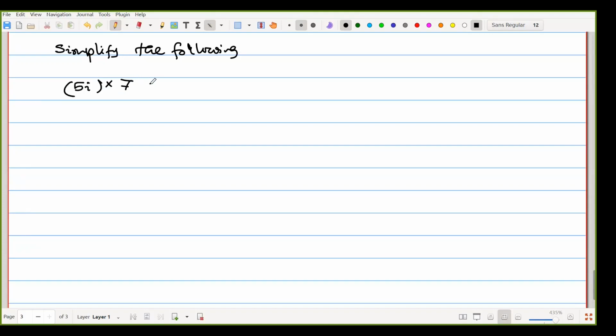Very easy, no problem. We can just write 5i as 5 into i into 7, or 5 into 7 into i, or 35i. Okay, that is the very easy first one.